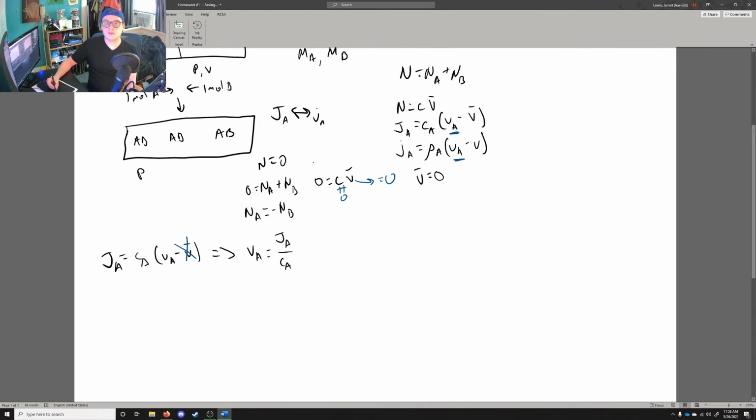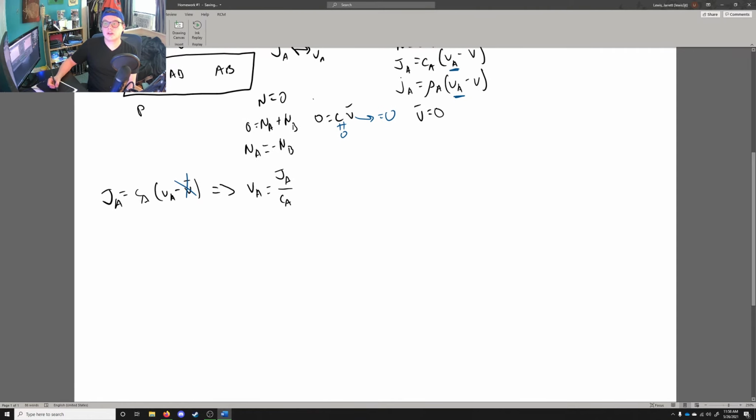Then we look at our equation for the mass diffusive flux of A, which is equal to the mass concentration of A times the mass average velocity of A minus the mass average velocity. We just set up that the mass average velocity of A is equal to that quantity, so I'll put that in and distribute the mass concentration.